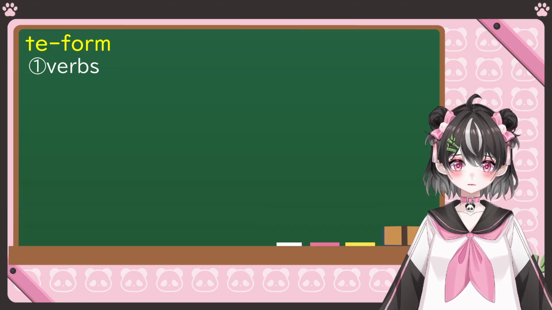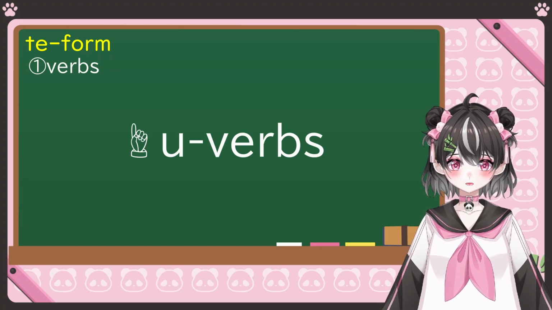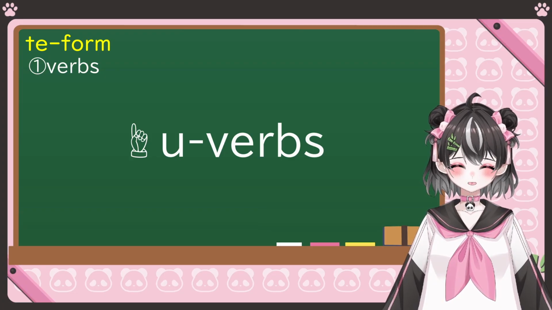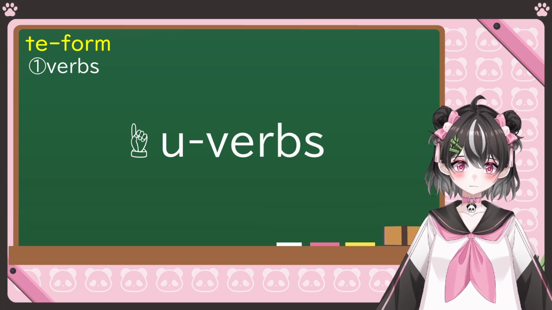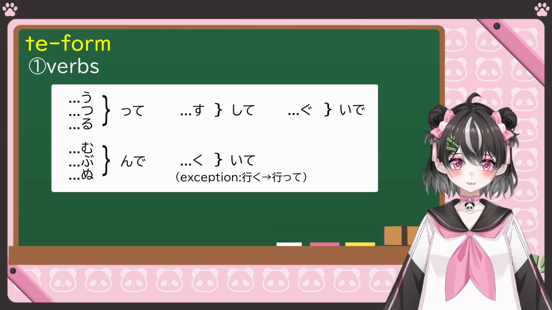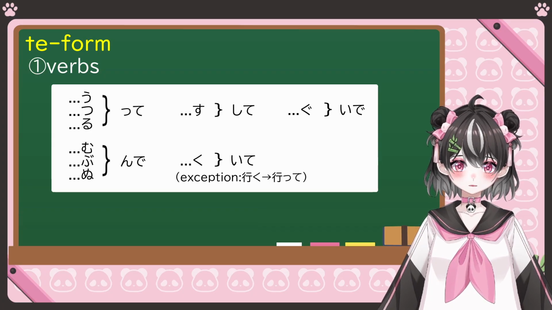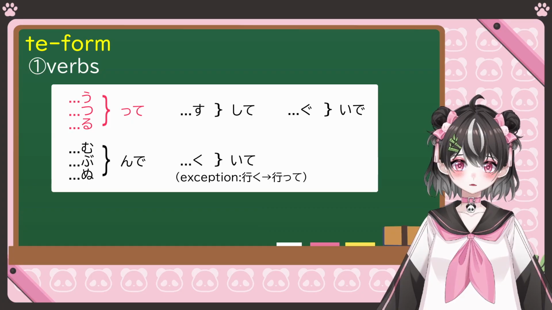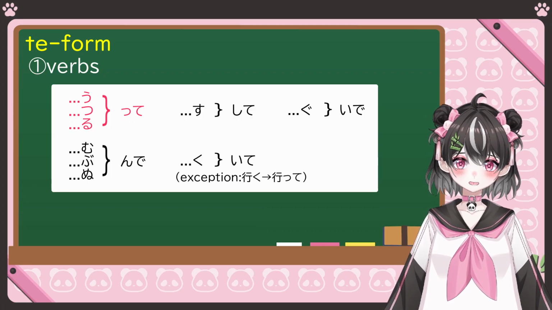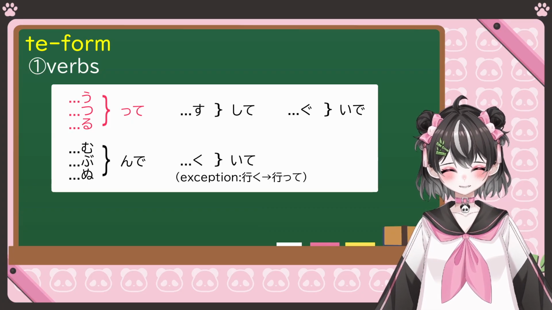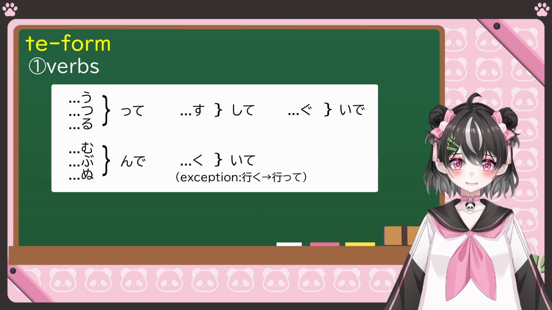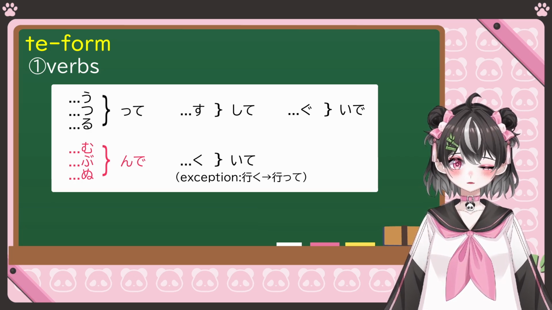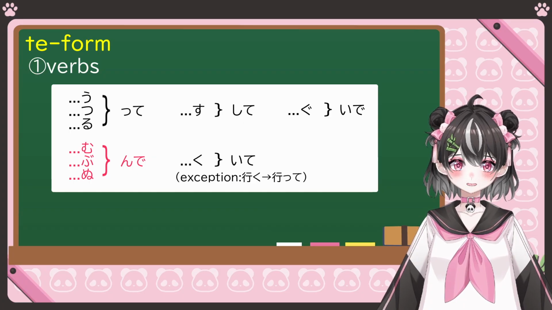Lastly, let's look at the U verbs. For U verbs, the te form changes depending on the final sound of the verb. Here is the conjugation chart. Verbs ending in u, tsu, or ru become te. Verbs ending in mu, bu, or nu become nde.